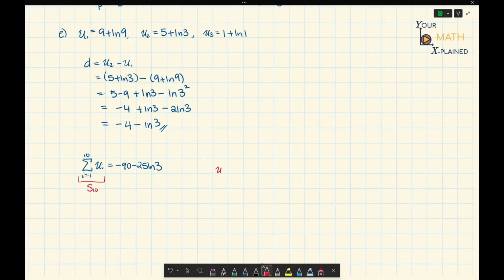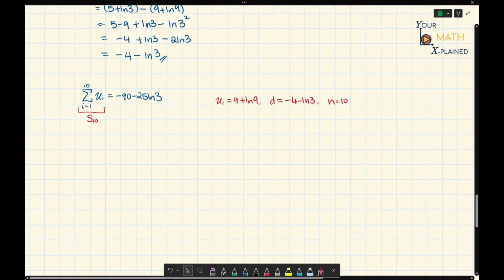So we have u sub 1 is equal to 9 plus ln of 9. We know that the common difference d, which is what we just found earlier, is negative 4 minus ln of 3. And we know that n is equal to 10. So now all we need to do is put this into the formula.